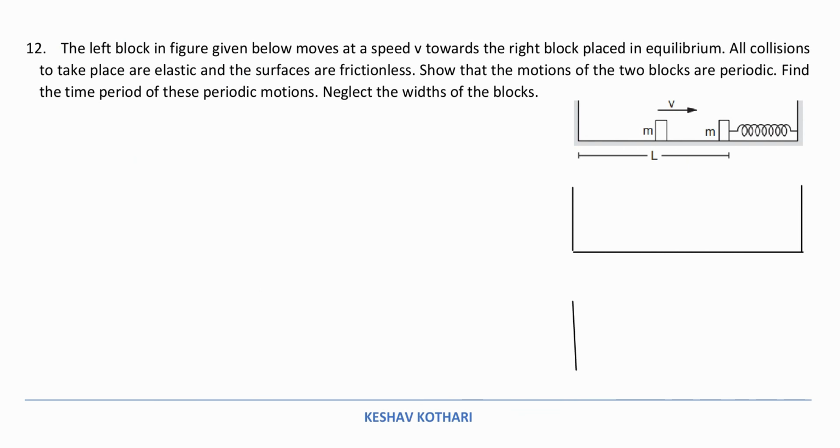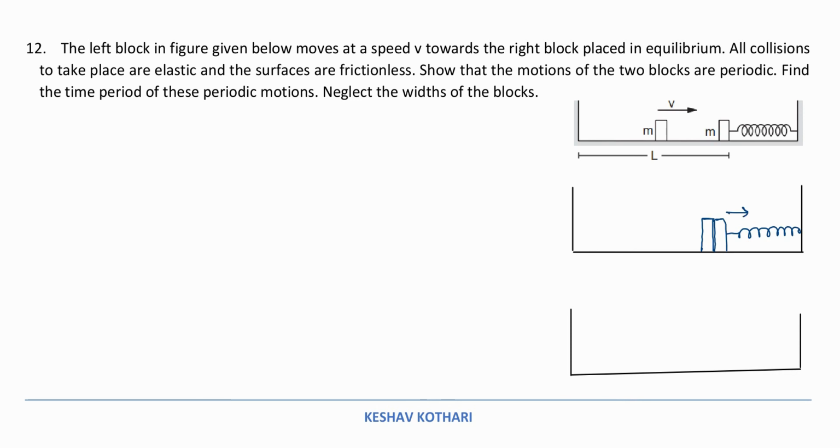We will be considering the two aspects. So over here we can consider it in this way, that when this block is going to collide over here, then this one will come to a halt and the block which is associated with the spring will acquire the velocity and will start moving.